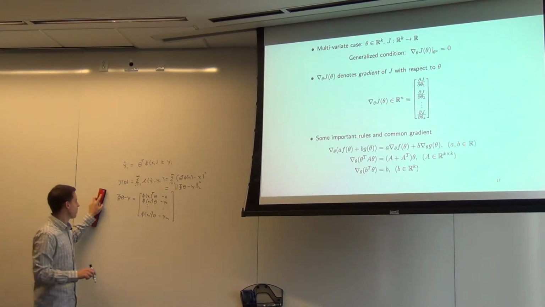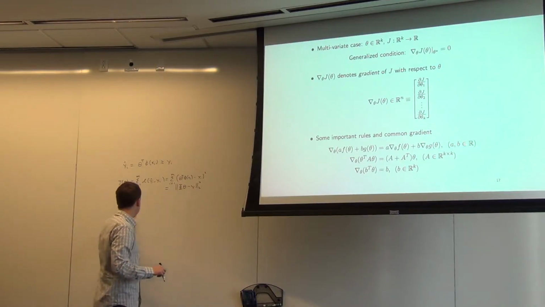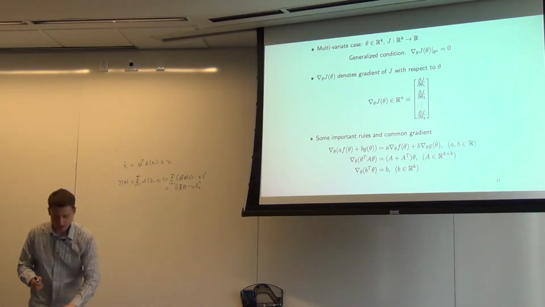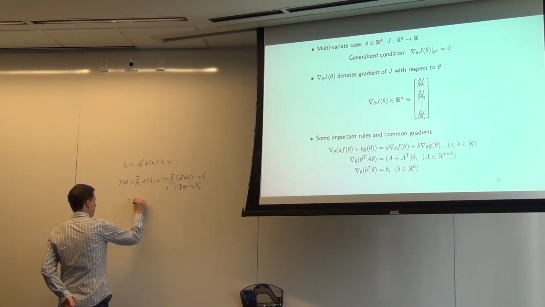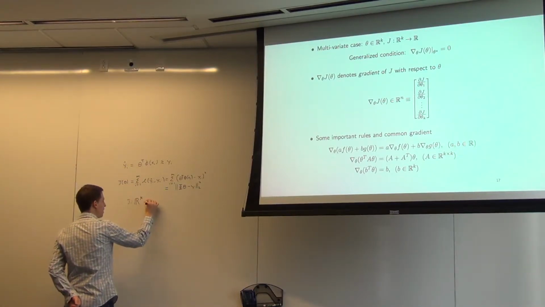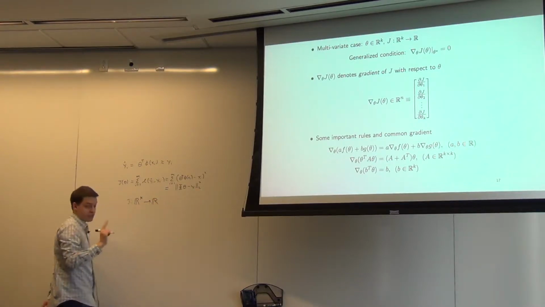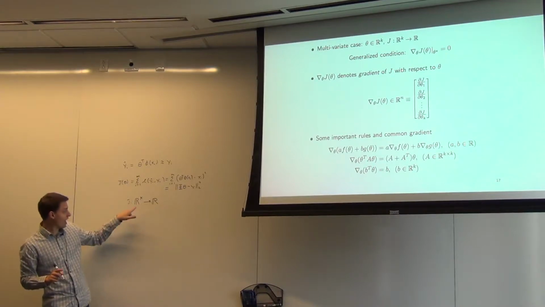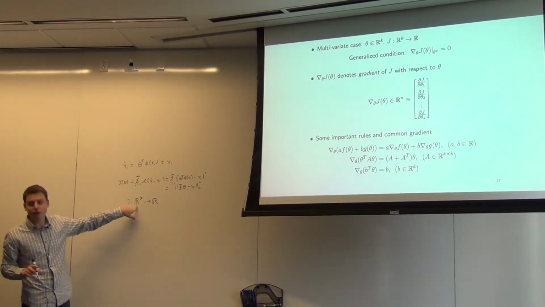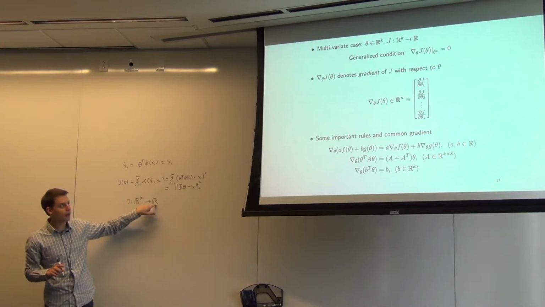Okay. So for a function j, and now I will let j be some arbitrary function taking vectors in Rk as input and producing a scalar value. It's important to note that j is a vector input and scalar output function.